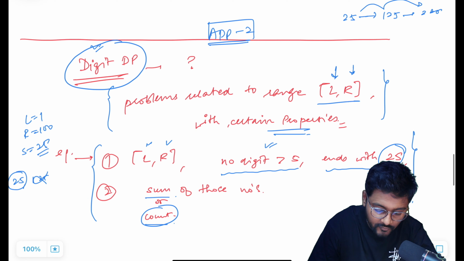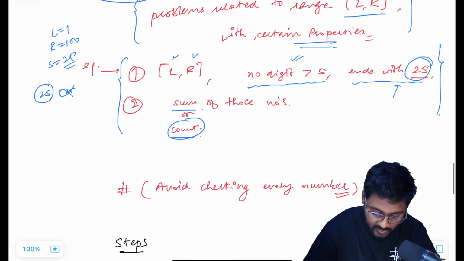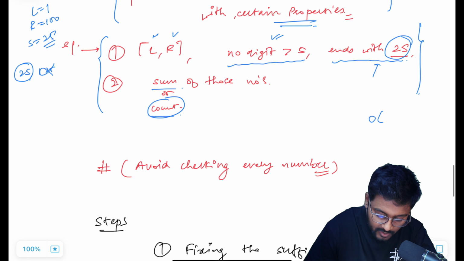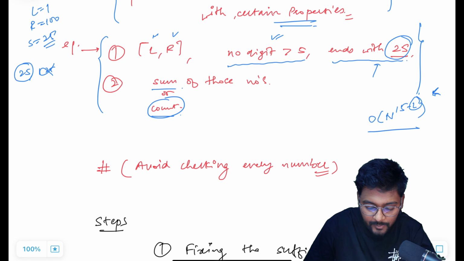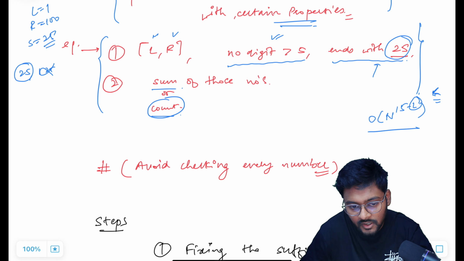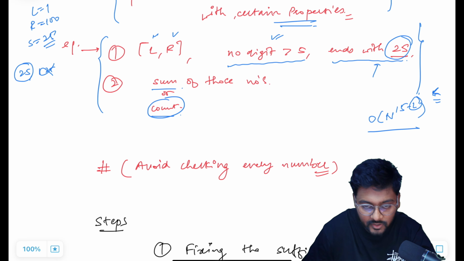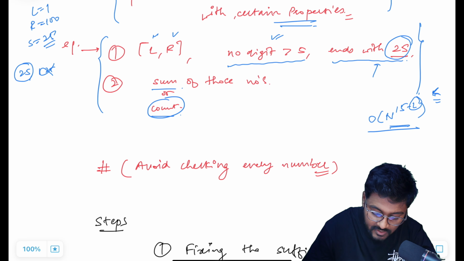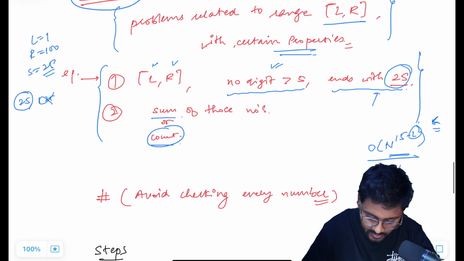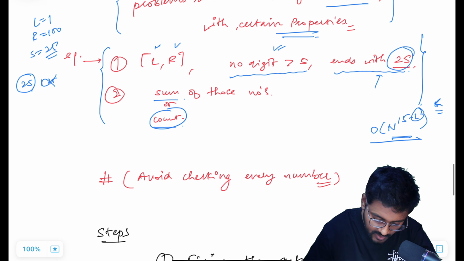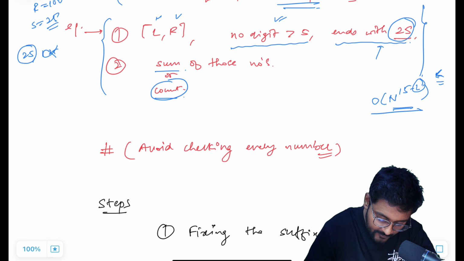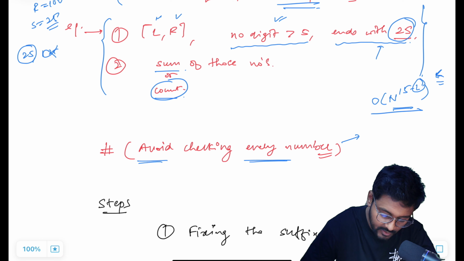Instead of going in a linear fashion, which is going to give us a time complexity of n raised to power R minus L, but still, if the L value is small, I'm not going to get a good answer, or my problem won't be accepted on LeetCode. So this should be in a valid limit range. This is the idea behind digit DP, and the main intuition is that we have to avoid checking every number, avoid iteration.